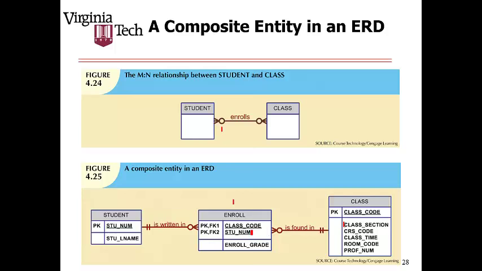A class is found in many enrolls. I don't like is found in. Is taught by many enrolls. Well, maybe not taught by, includes many enrolls. And so now we had a many-to-many here, and we've come up with a new entity and 2 one-to-manys here.